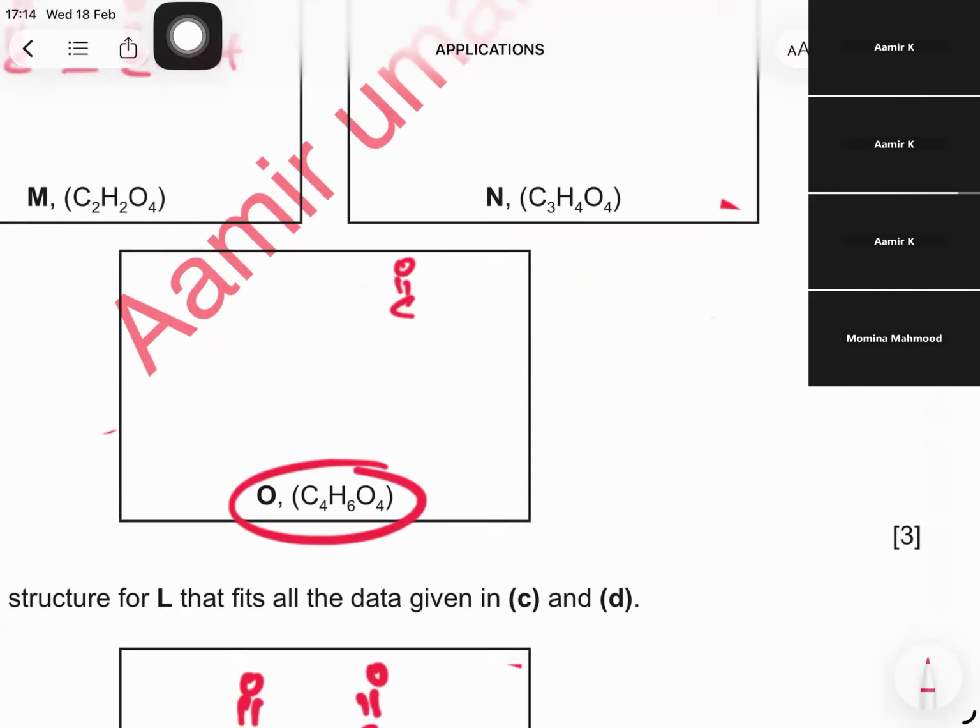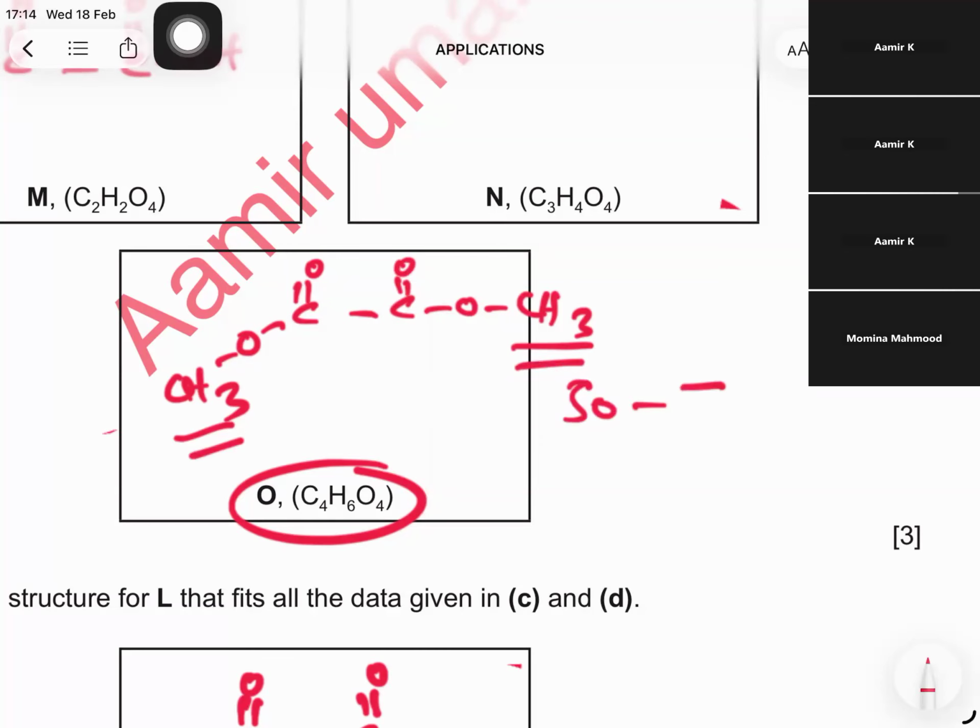But there are only 4 hydrogens in this. Am I right? So it must be something like this. Is it so? Both CH3s must be in the 50 to 70 range. That's why I put them next to oxygen. And then both these carboxyl, 162, 185.